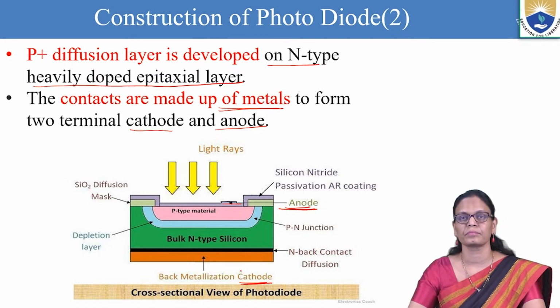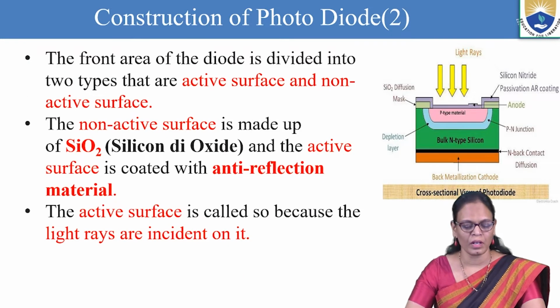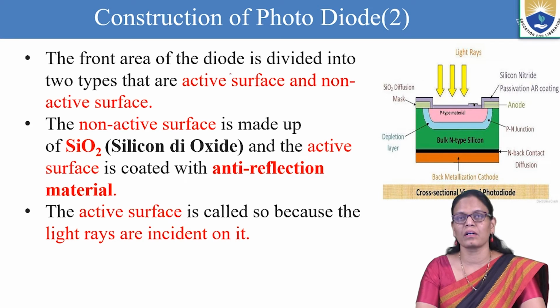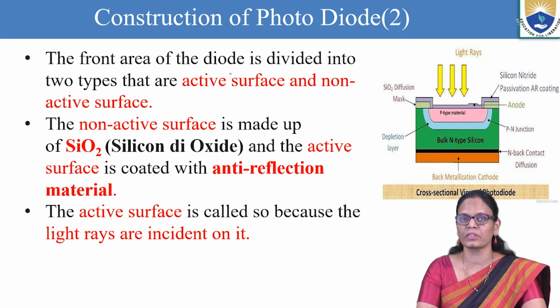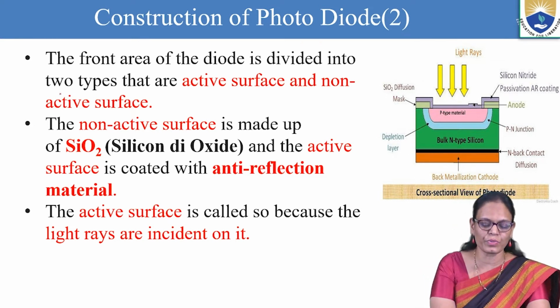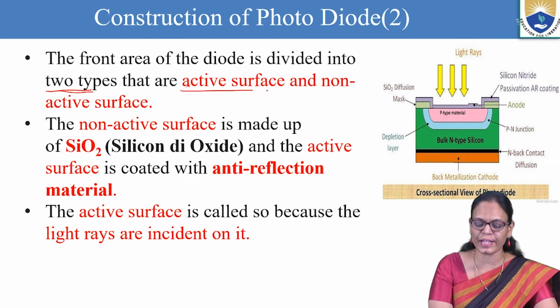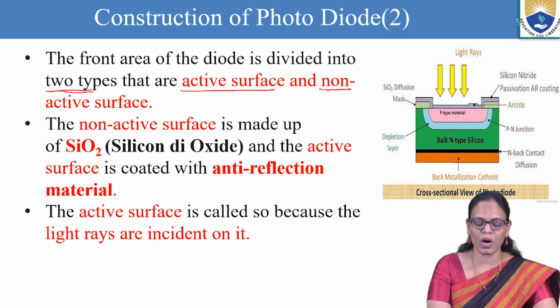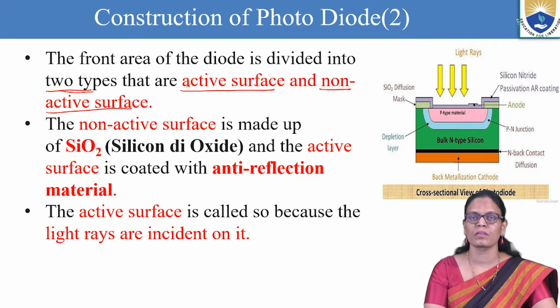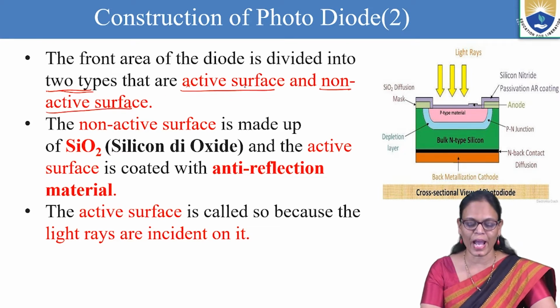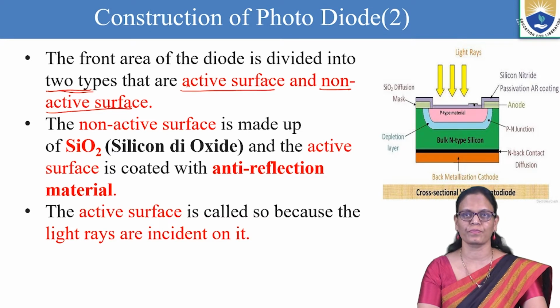Now the front side of the diode is divided into two types. What are the two types? The active surface area and the non-active surface. So what is the difference between active and non-active?